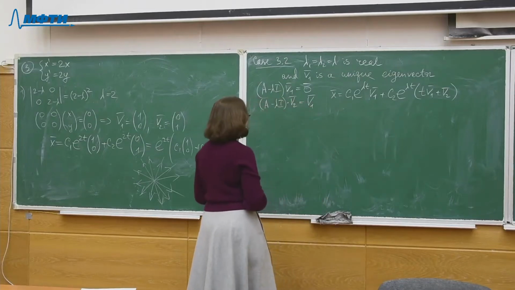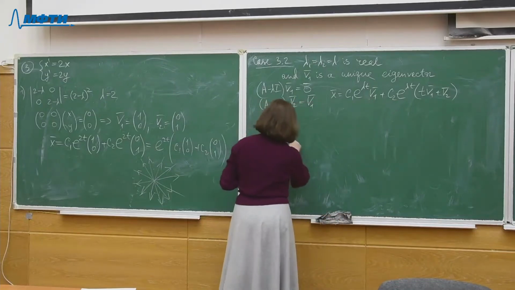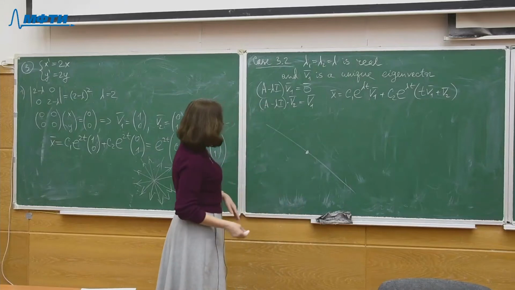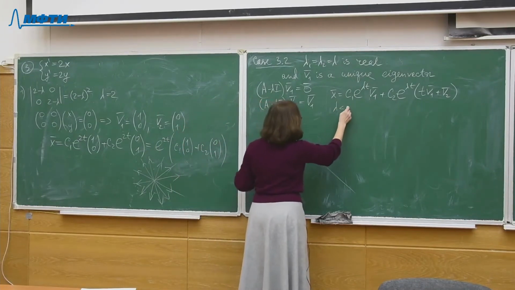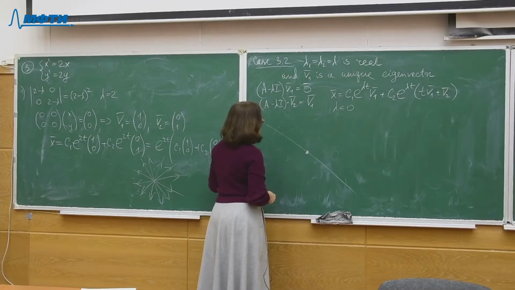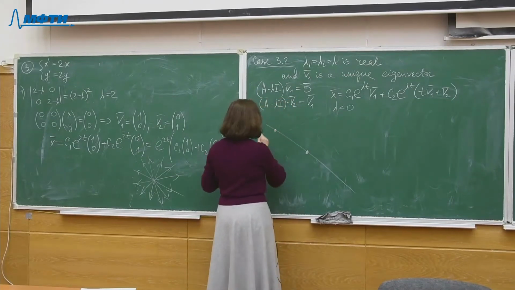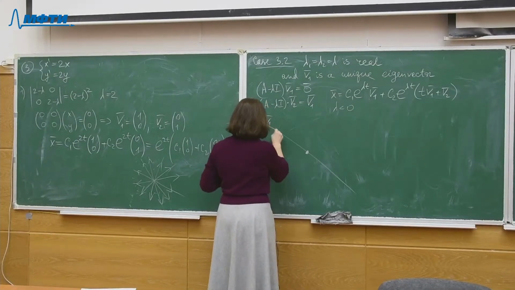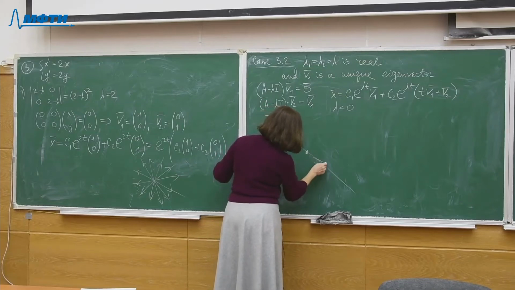So in this case, we have a unique eigenvector. If lambda is less than 0, for example, then if we start on the line through v1, this is the line determined by v1, we will go toward the origin.